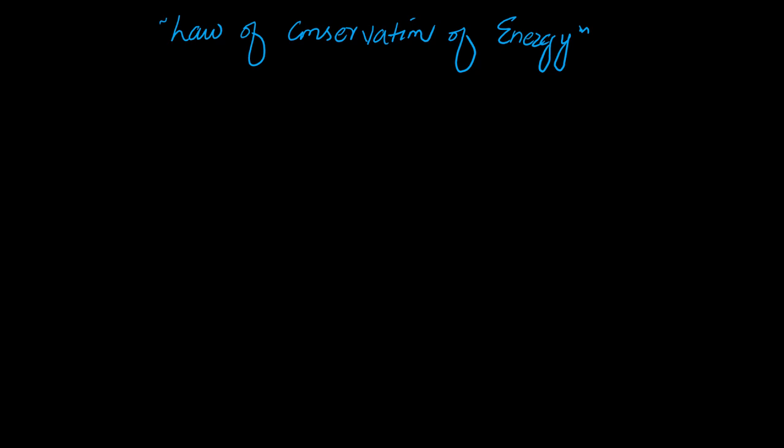So this means that the initial energy of the photon plus the initial energy of the electron, which is an electron of a graphite atom, is equal to the final energy of the photon, which is the scattered photon, plus the energy of the scattered electron.